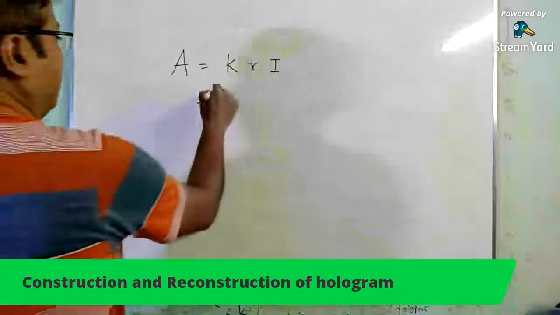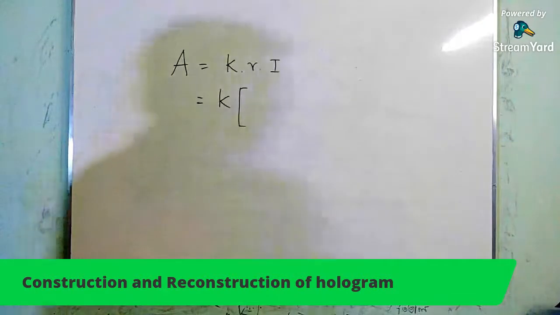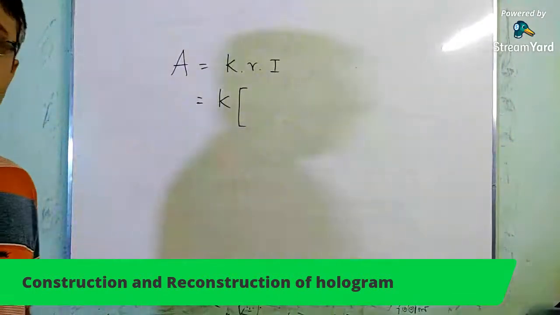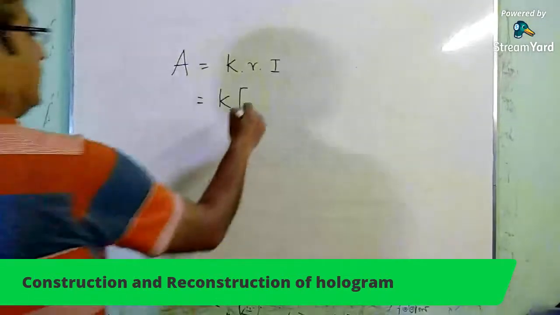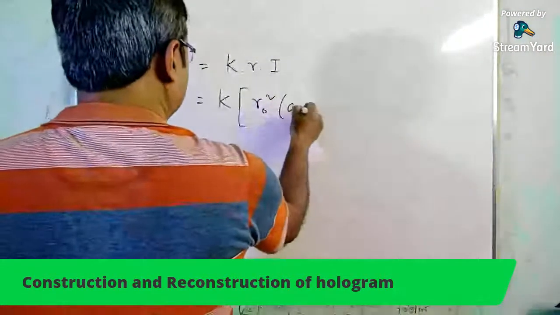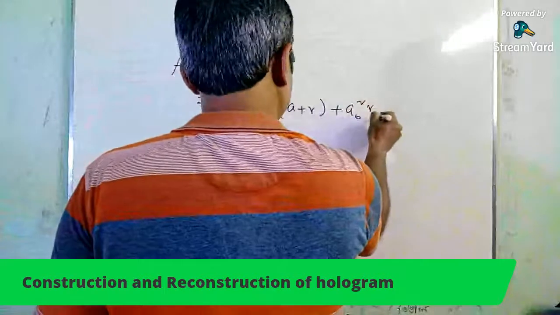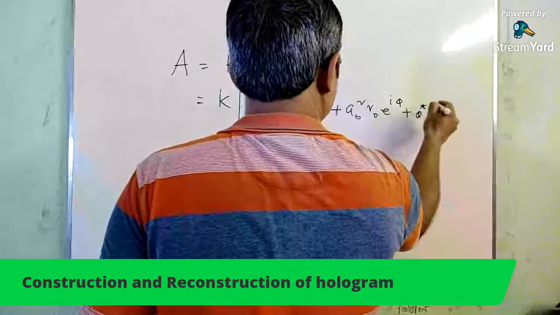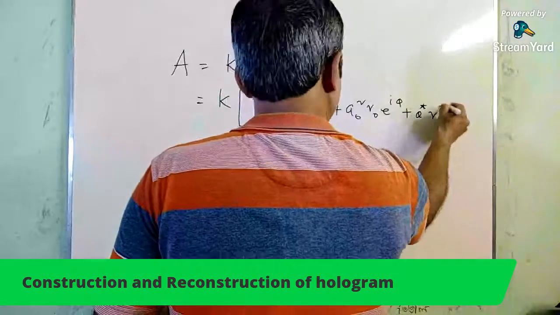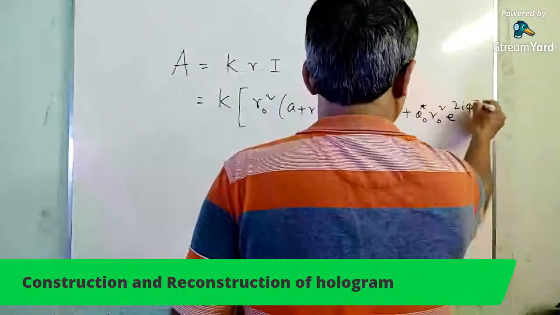Now putting the values here, r into I, and the intensity is what we have found in equation 1, that is while constructing the hologram. If you multiply small r with this value of I, you will find it gives us R0 square into A plus R plus A0 square R0 e to the power i phi plus A star R0 square, A0 star R0 square e to the power twice i phi.